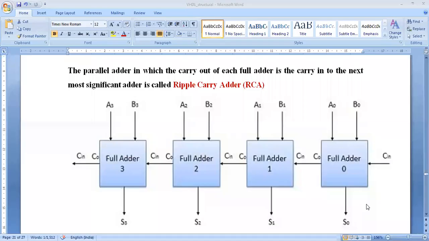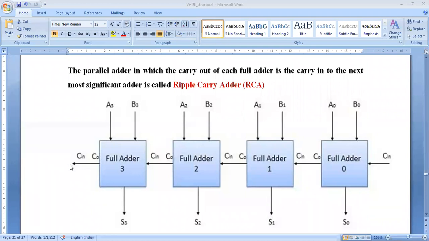Just a second. See this diagram. In this diagram, the carry has to propagate from the first full adder circuit to the last circuit in order to produce the final carry out of the circuit.